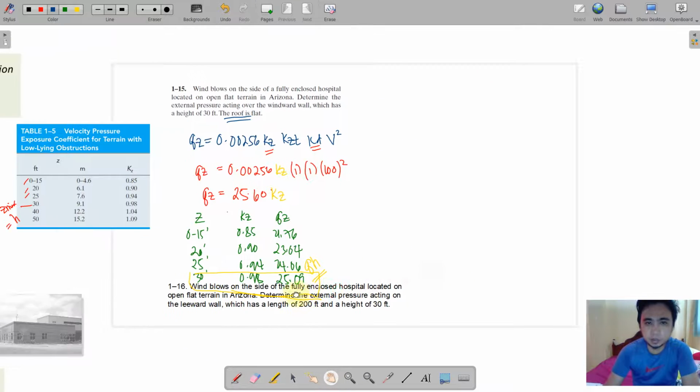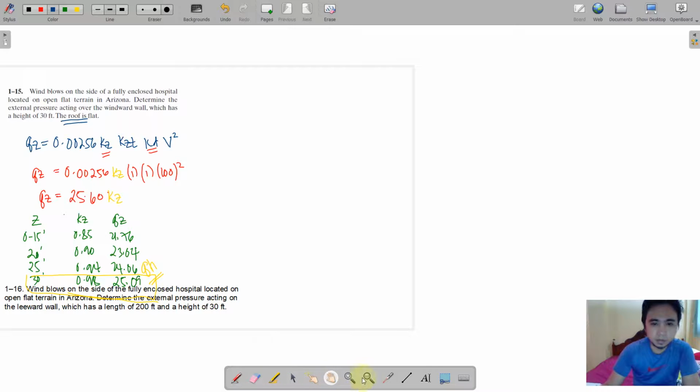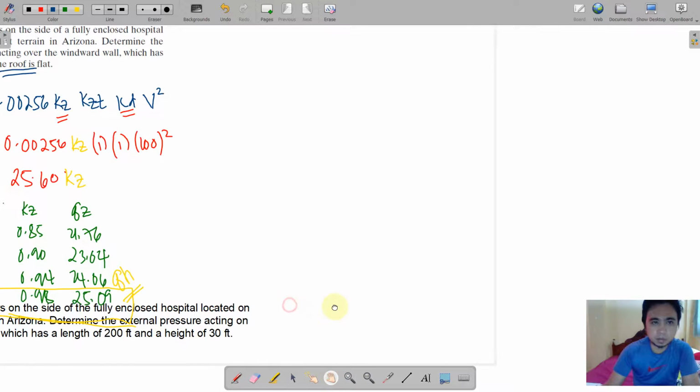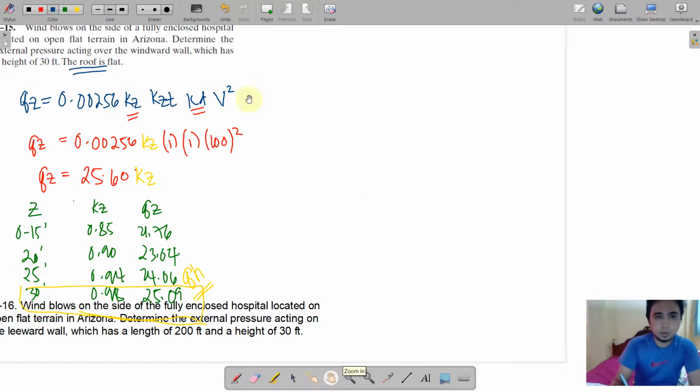Okay, for the pressure calculation, we will have the formula P is equal to Q times GCP minus Q times GCP, lagyan mo lang ng I doon, lagyan mo ng H doon.